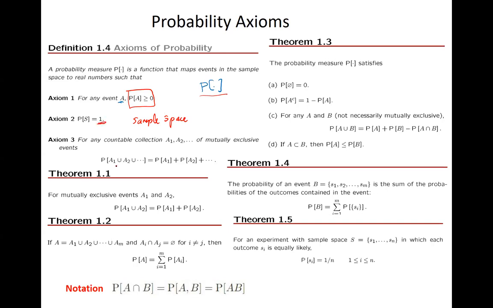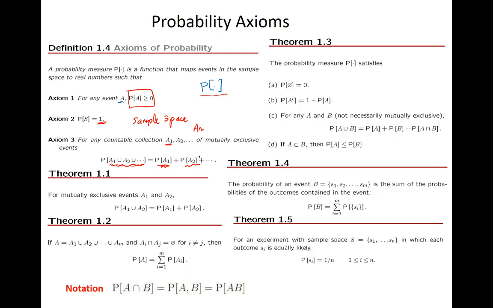And probability of mutually exclusive events from A1 to, let's say, AN, the union of these events, probability of union of these events is sum of the probabilities of each event.